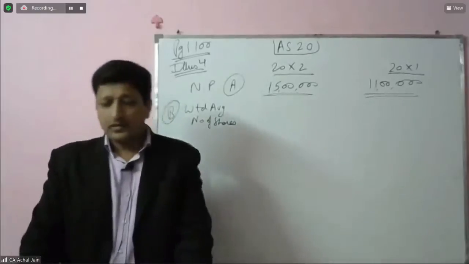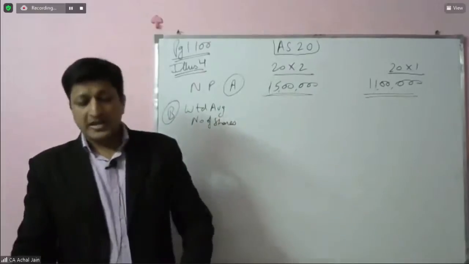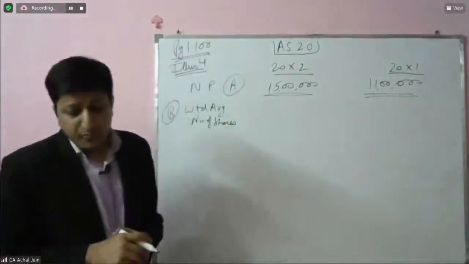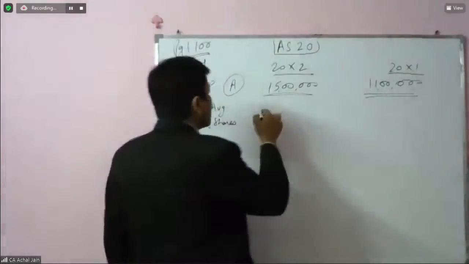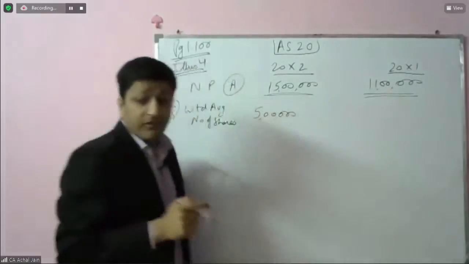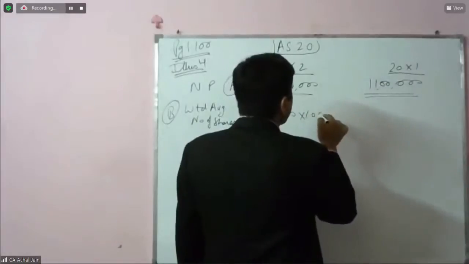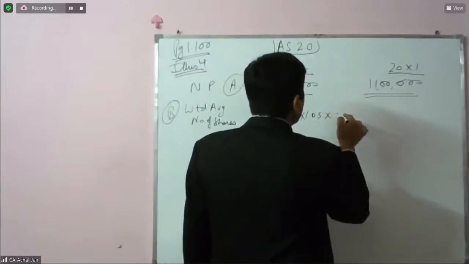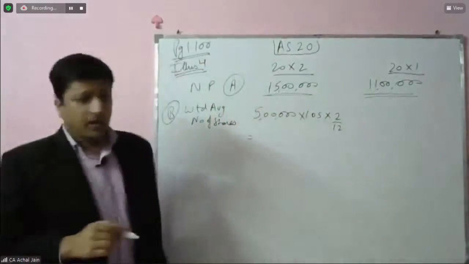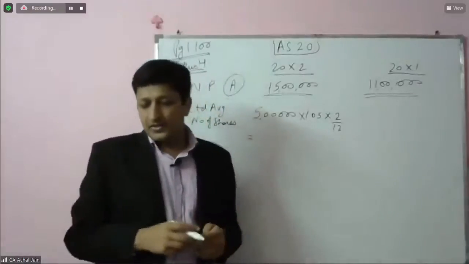This is a calendar year in the question, and the right issue came on 1st of March. So that means prior to right issue, we need to compute the number of shares. So prior to right issue, how many shares were there? 5 lakh, on which we will apply the adjustment factor, into 1.05 into 2 divided by 12. Correct? Why are we doing this? We are doing this to compute the weighted average.